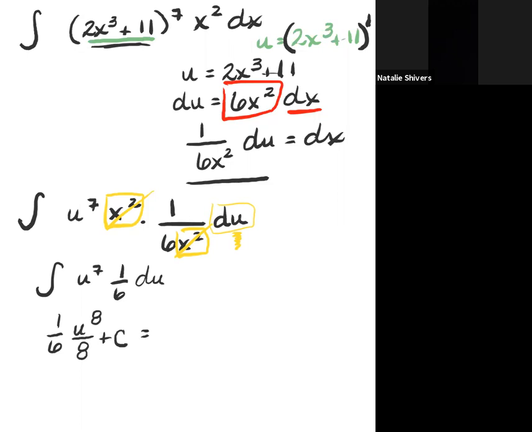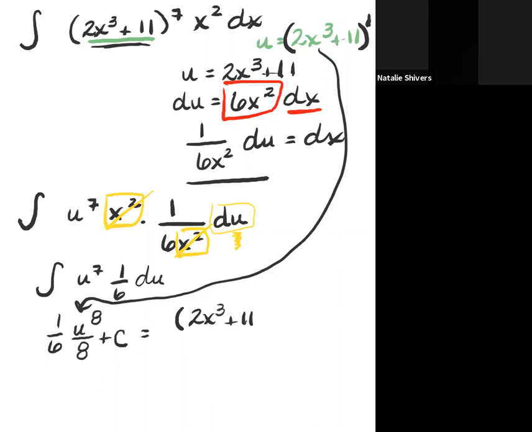And then again, I'm going to plug u back in. Here's my u. Plug it back in. (2x cubed plus 11) to the 8th over 48 plus c. Okay, so those are the ones that have the parentheses to the power.